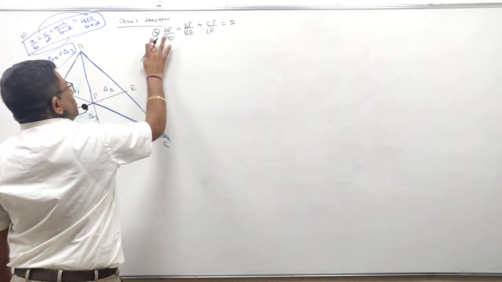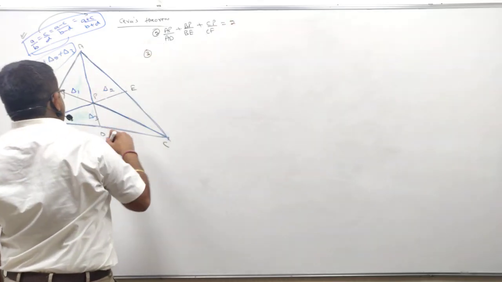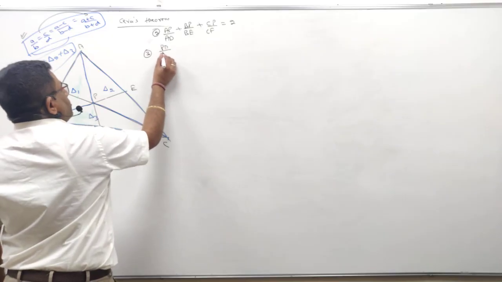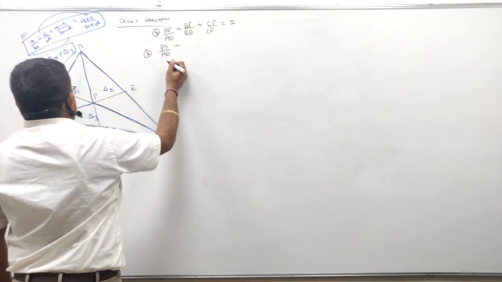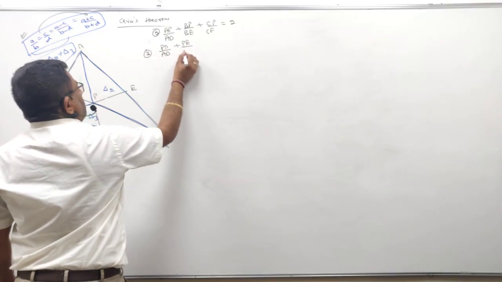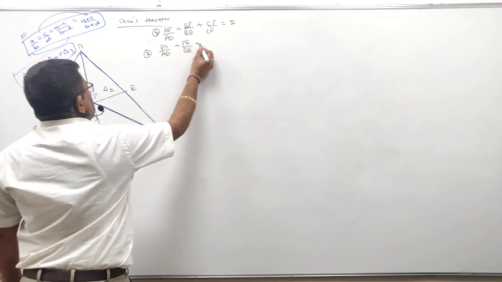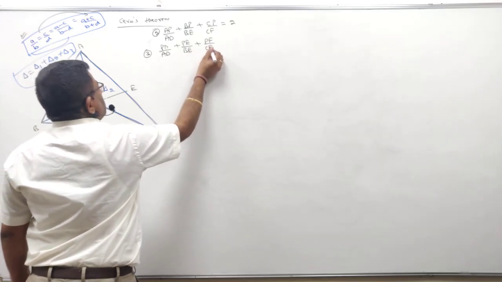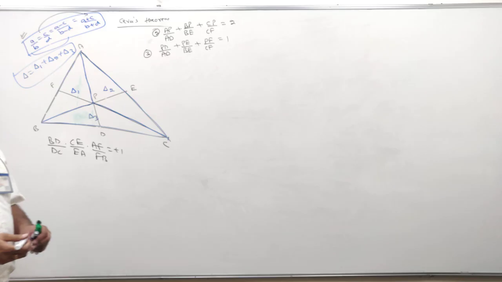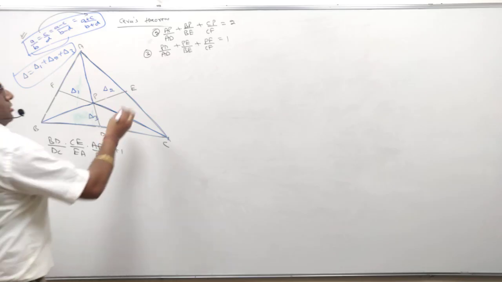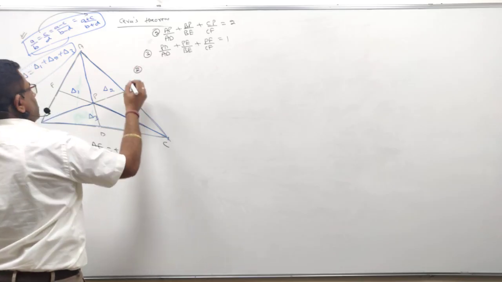We will derive this result and we will derive this result as well: PD upon AD plus PE upon BE plus PF upon CF is equal to 1. So let us see the proof of the second result.